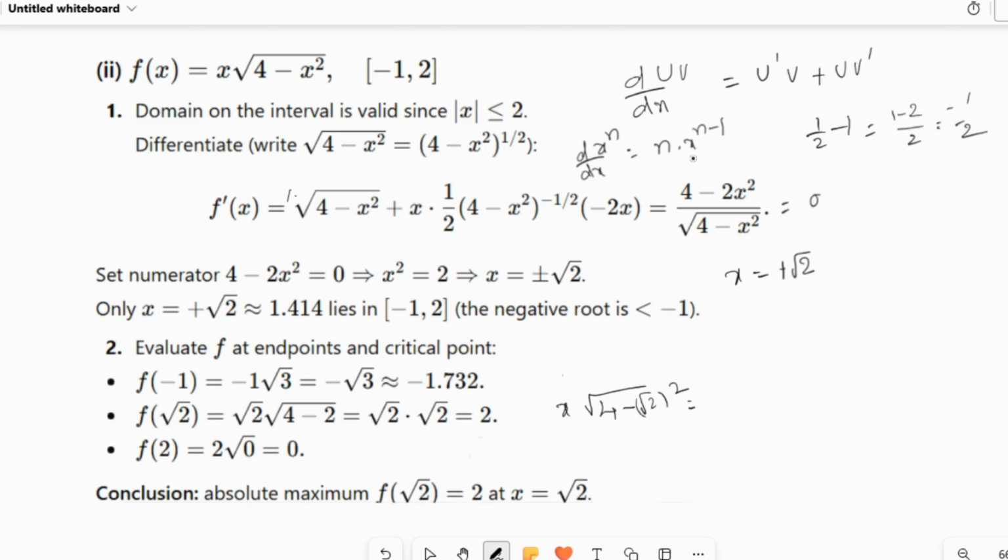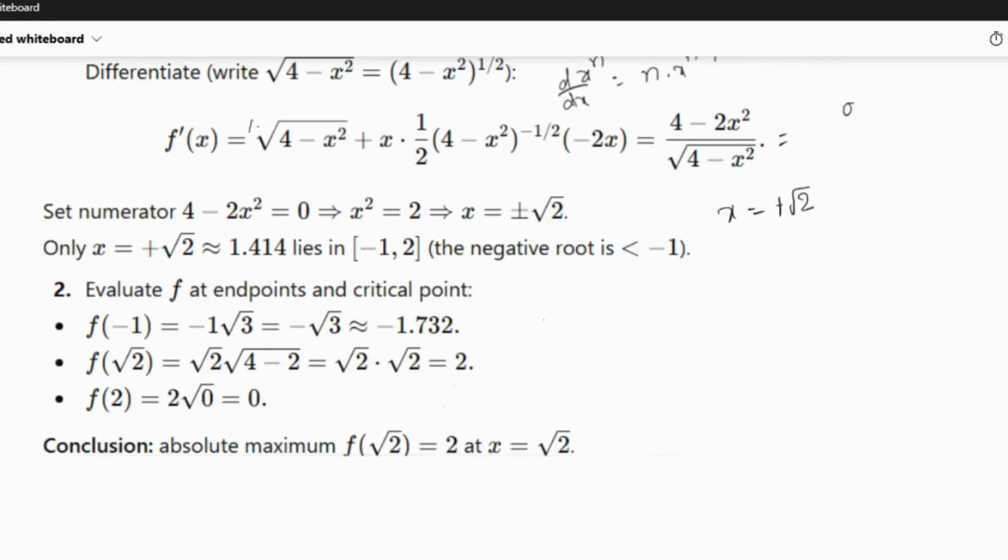Then we have to substitute the end point 2. f of 2 equals 2 into square root of 4 minus 2 square, that is 4 minus 4, 0. Then we get 2 into 0, we get 0. Among these three values, we have to find the absolute maximum and absolute minimum.